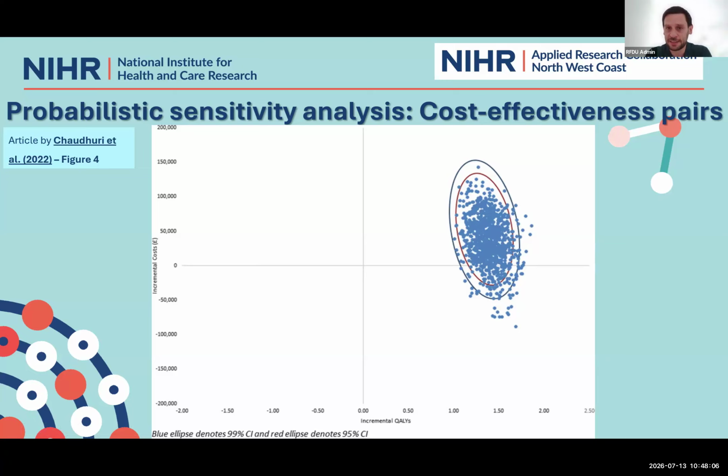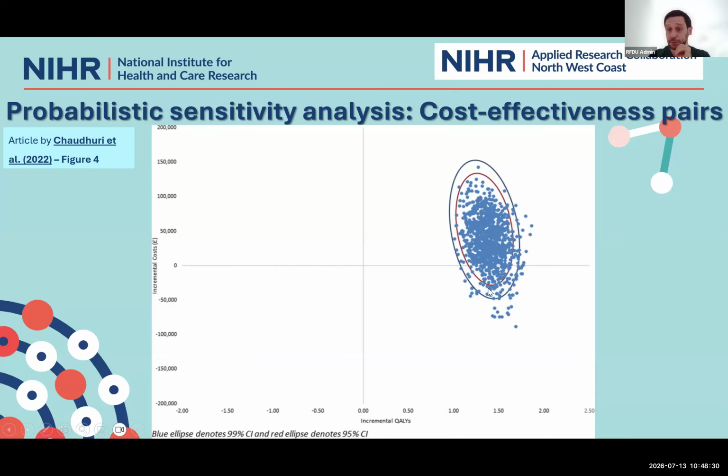If you remember the base case analysis, we had this trade-off between cost and QALYs, where the new intervention was more expensive, but at the same time more effective. And the probabilistic sensitivity analysis seems to corroborate that by saying, yes, actually, if we take a random draw of plausible values for cost and QALYs, the majority of these pairs will lie in the northeast quadrant.